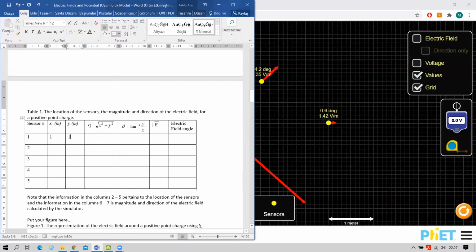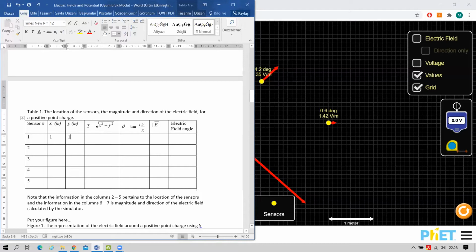And next, R is just calculated as the square root of 1 squared plus 1 squared. It's square root 2. This is R over here.